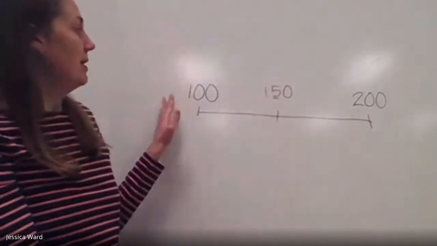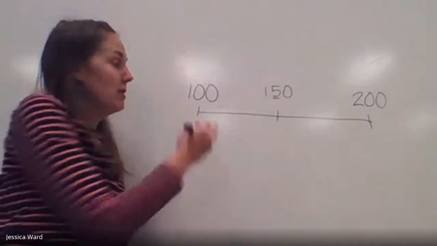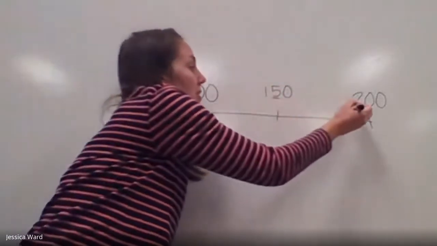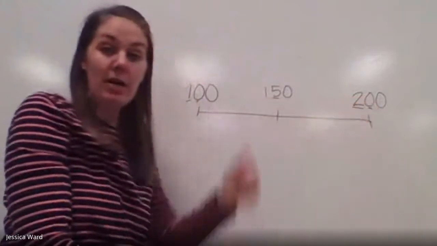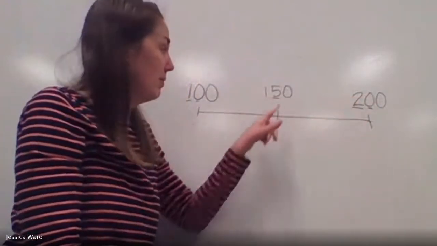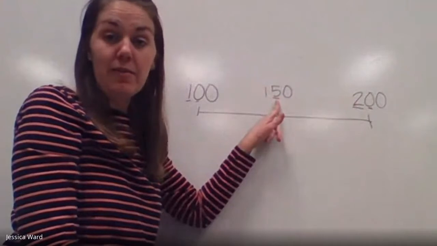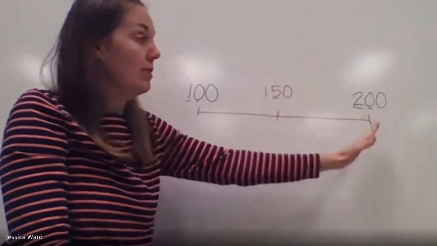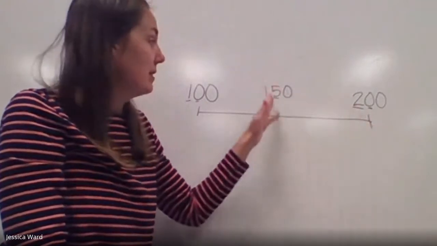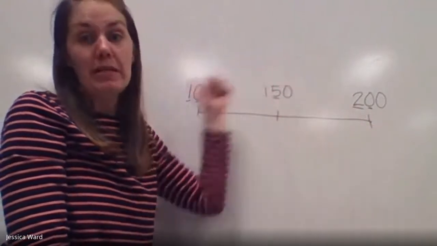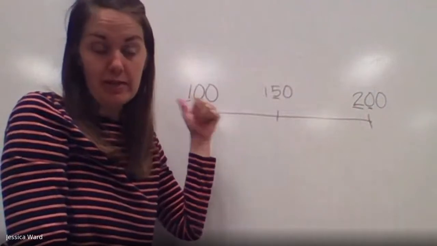So that 5, if I'm rounding to the nearest 100, I'm going to look to the next place value over in the tens place to tell me if I'm rounding up or down. If the number in the tens place is 5 or more, we're going to round it up to the next 100, which in this case would be 200. If it's less than 5, then we would round it down to 100 in this case.